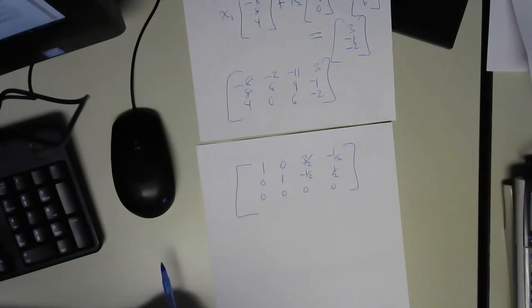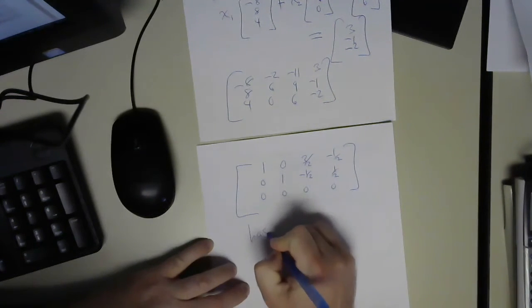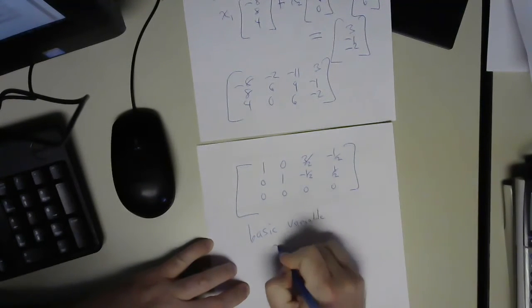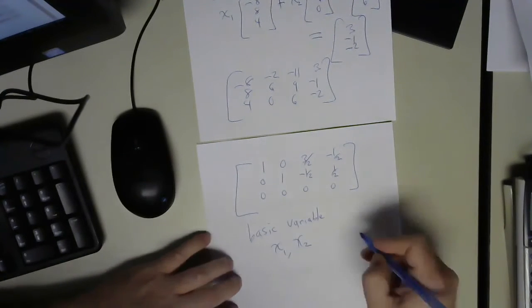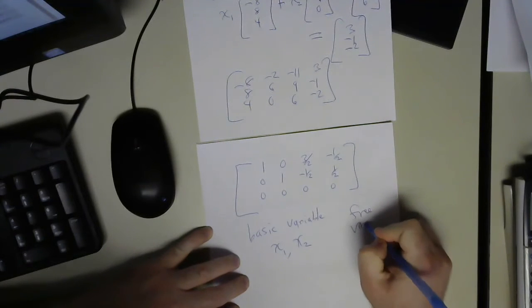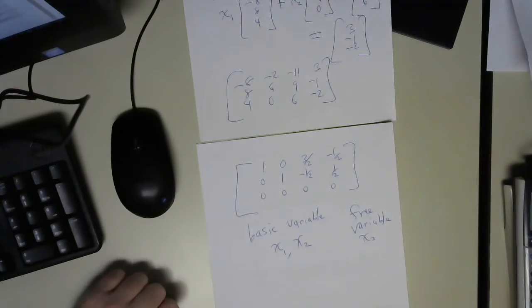So how are we going to interpret this? Well, it looks to me like we just have two pivot rows. So two basic variables. And it looks like we just have one free variable, x3. Okay.